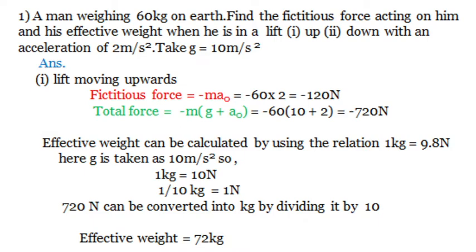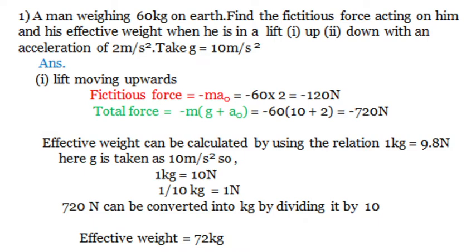We know that in every case the fictitious force acting on a particle is equal to minus ma0. Here m is given as 60 kg and acceleration a is equal to 2 meter per second square. So you simply have to substitute it. It is equal to minus 60 into 2, which is minus 120 Newton, the fictitious force when the lift is moving upward.